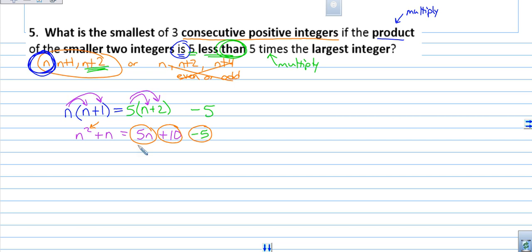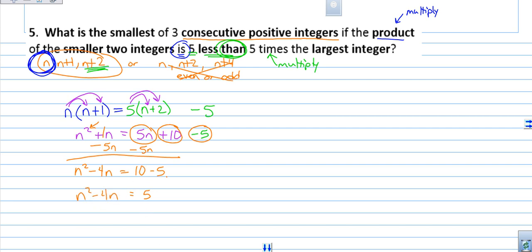Okay? So I'm going to subtract 5n first from both sides. And so I get n squared, and then really that's a 1. 1 minus 5 is negative 4n equals 10 minus 5. Well, what is 10 minus 5? It's 5. So these two numbers right here, 10 minus 5, combine to give me a 5, equals an n squared minus a 4n.